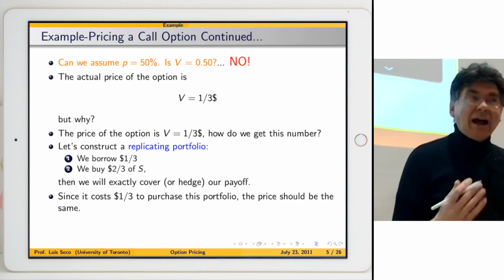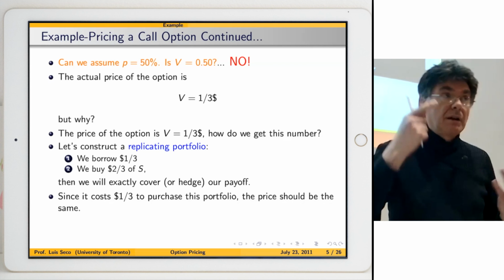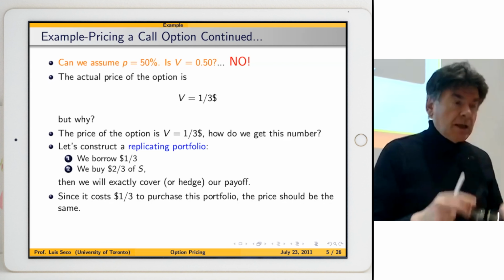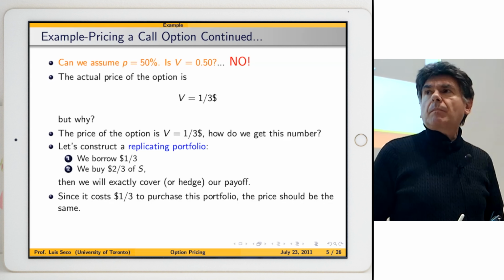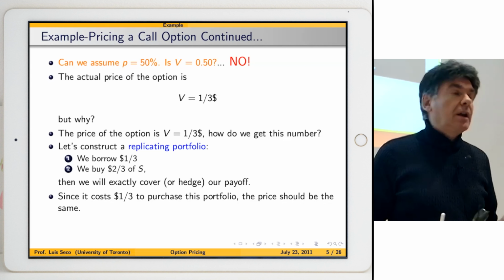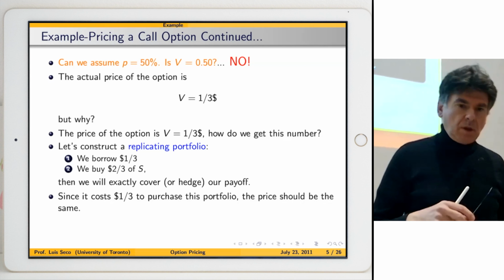I haven't seen that theorem yet, so I cannot invoke it. The right reason, right now, before we see the fundamental theorem of asset pricing, the real reason the price is 1/3 is because the replicating portfolio gives me that price. Great.